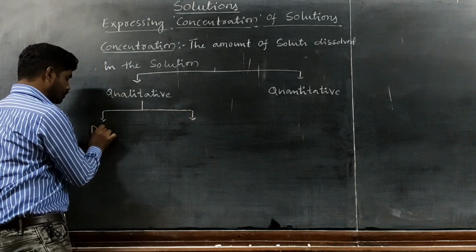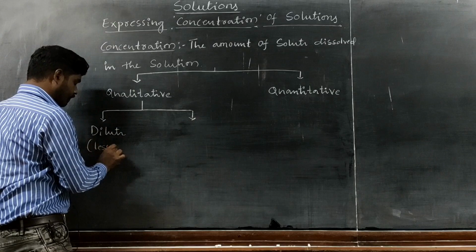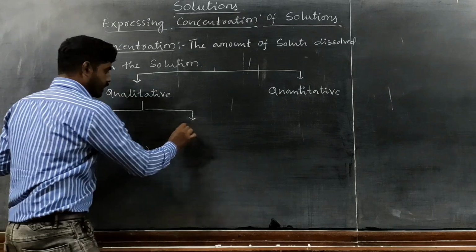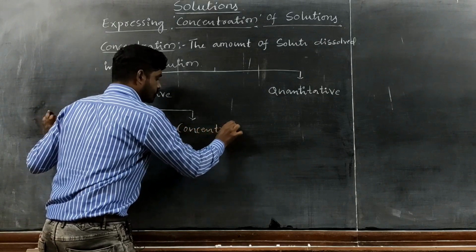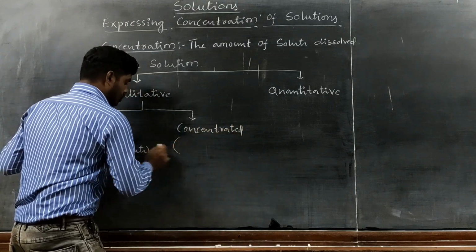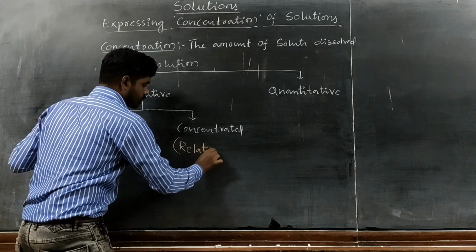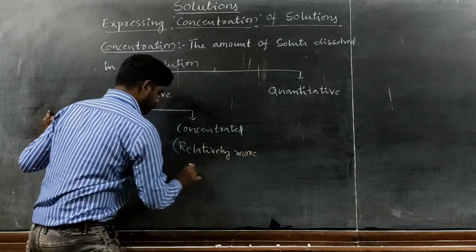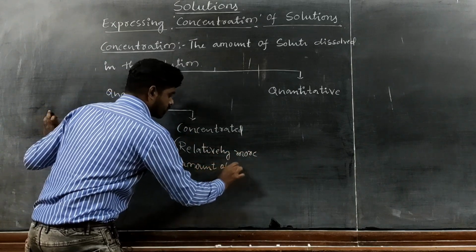Dilute means very less amount of solute is used, whereas concentrated solution means relatively more amount of solute is used.